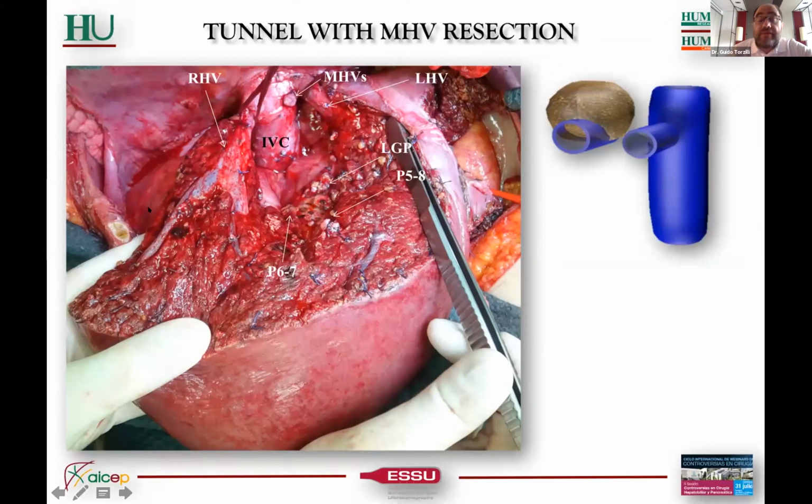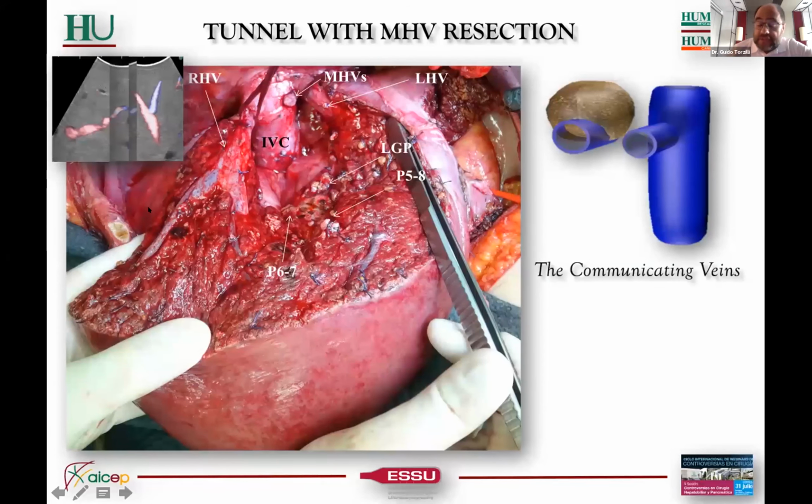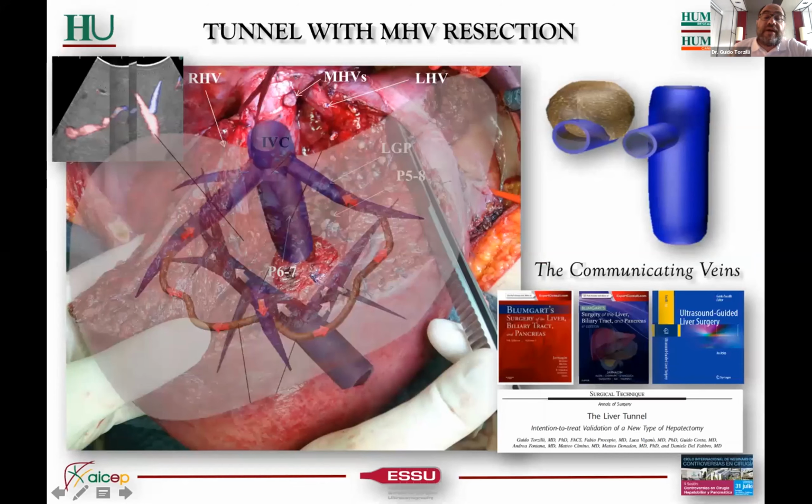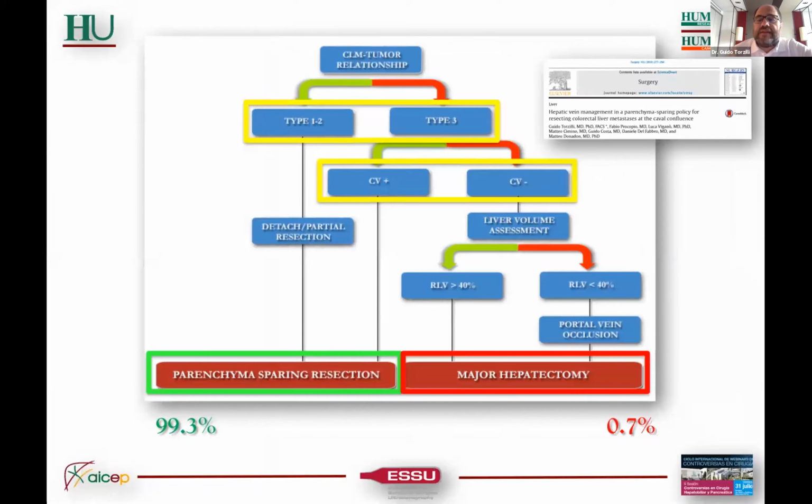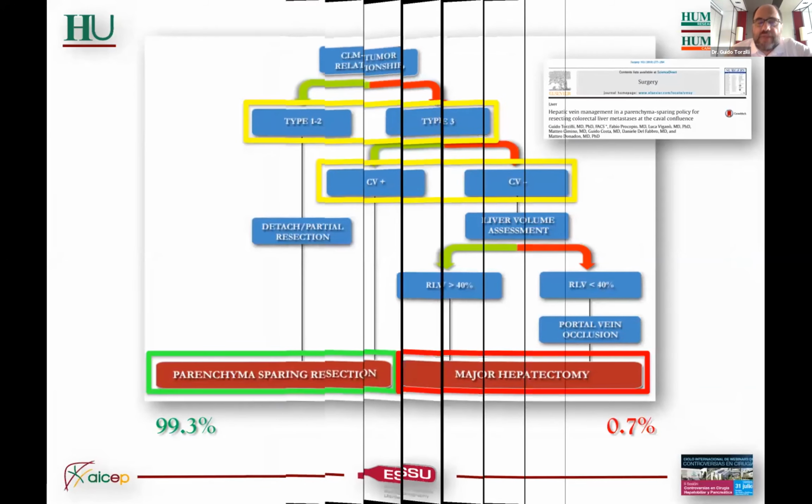The collateral circulation can be identified and profitably used to provide a solution that anyhow permits you to address surgery in a parenchyma-sparing fashion rather than in a major hepatectomy. So the criteria are the R1 vascular, and when the R1 vascular is not feasible, the communicating vein.